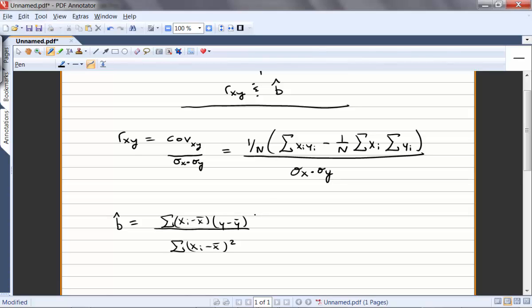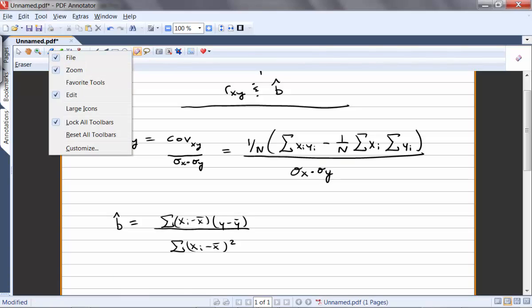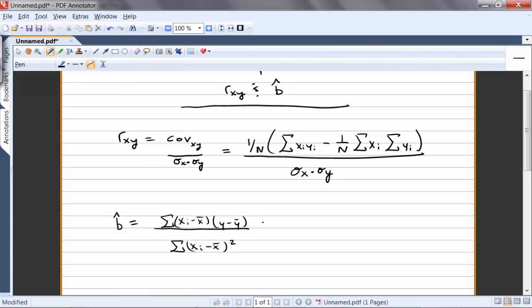It turns out, though, that the numerators of both r and b hat are the same. In other words, this, I'm sorry, that's not completely correct. It turns out, first, if you multiply both the numerator and the denominator of b hat by 1 over n, then the resulting b hat in the numerator is the same as the numerator of r.